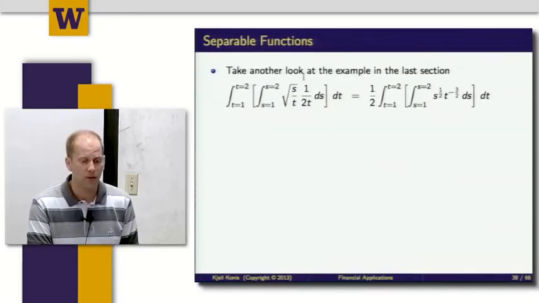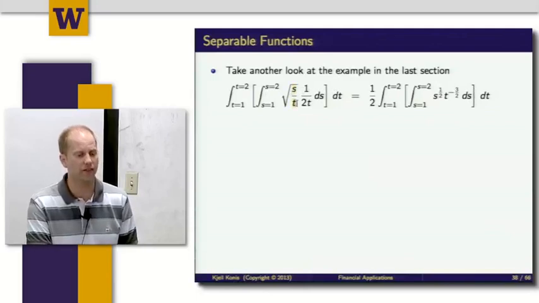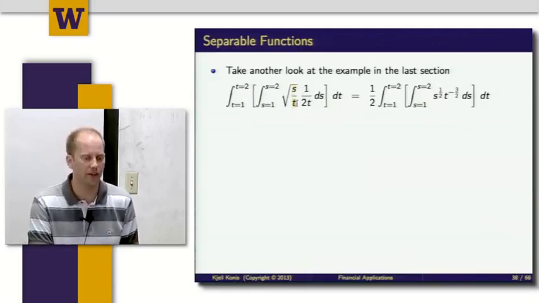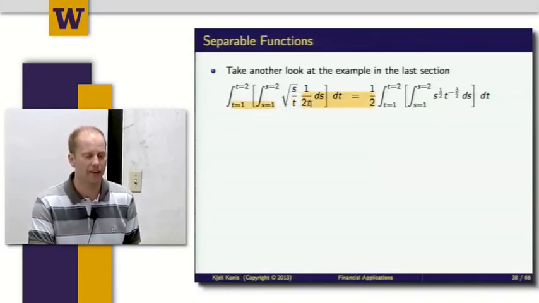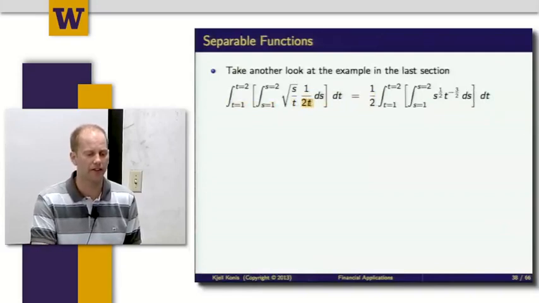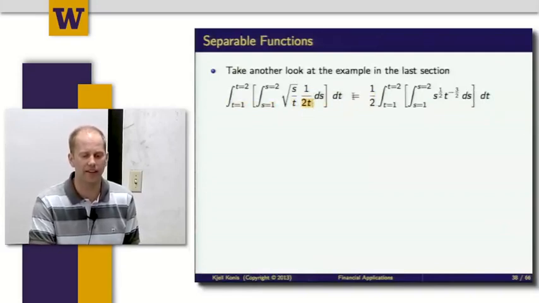So if we look back at what we did last time, we had this integral here, which is what the function was. This was just x, and then we transformed into s and t. So this is what x got transformed into. And then we had the absolute value of the Jacobian here, and then ds dt.